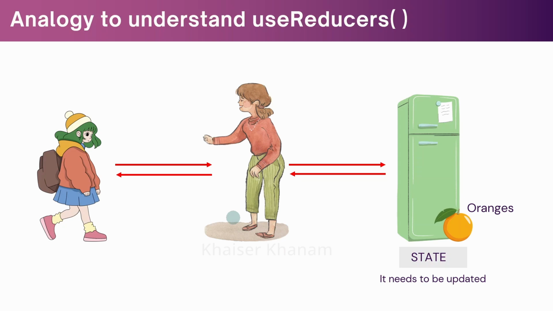So the next logical question is how the state is actually updated. So just think what you represent in this analogy, because here you are the one who is going home tired and requesting mom to get fruits. So clearly you are the dispatcher, because you are requesting the state update, and you are passing this request to mom.